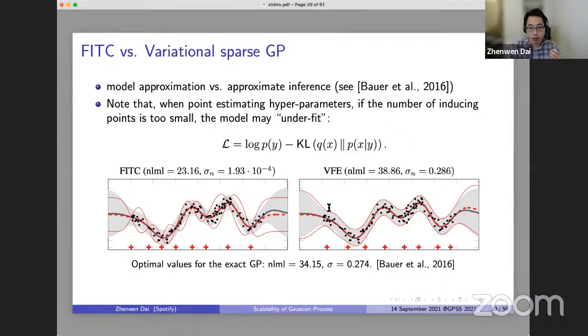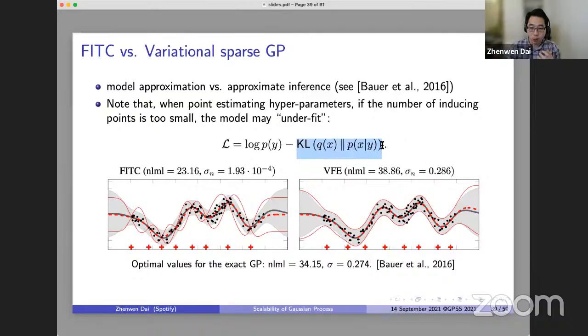That is because if we look again at the formulation of the variational lower bound, L is basically the marginal log likelihood minus the KL divergence. Because in these cases we are optimizing the kernel parameters, we can change both terms.